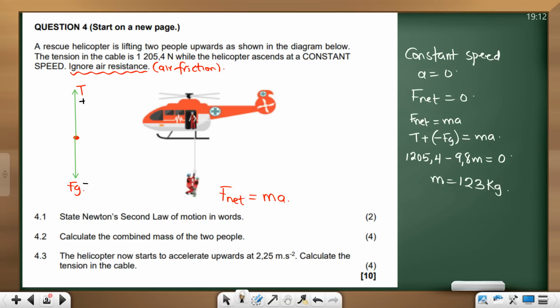The helicopter now starts to accelerate upwards. Our A is no longer 0. What's our A? 2,25. Can I give you 1 minute to get me that answer? We're using the same free body diagram, right? And the interesting thing now is we know the mass.